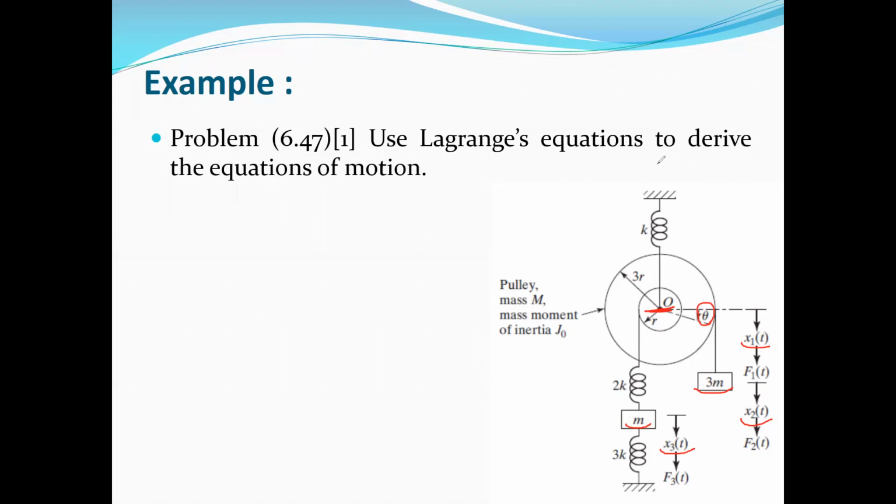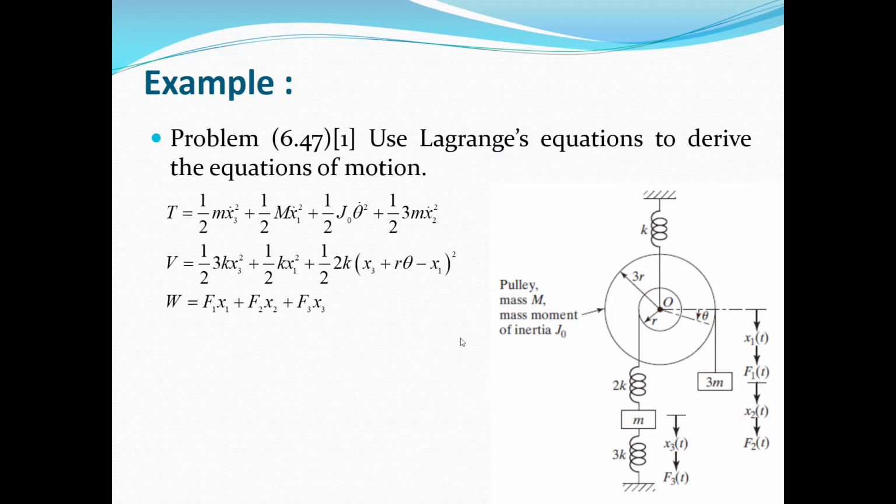You can also use Newton's second law, but in the exam, if I ask you to obtain the equation of motion using the Lagrange equation, you must use the Lagrange equations, and you cannot use Newton's second law. So for this purpose, we need to write the kinetic energy and potential energy.